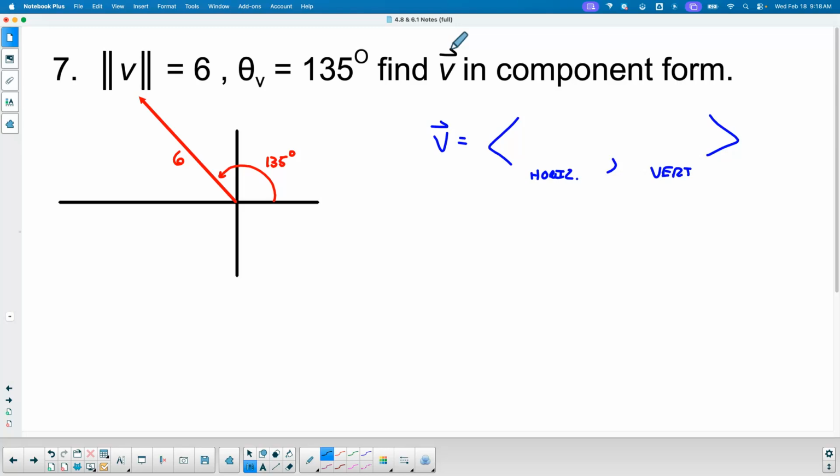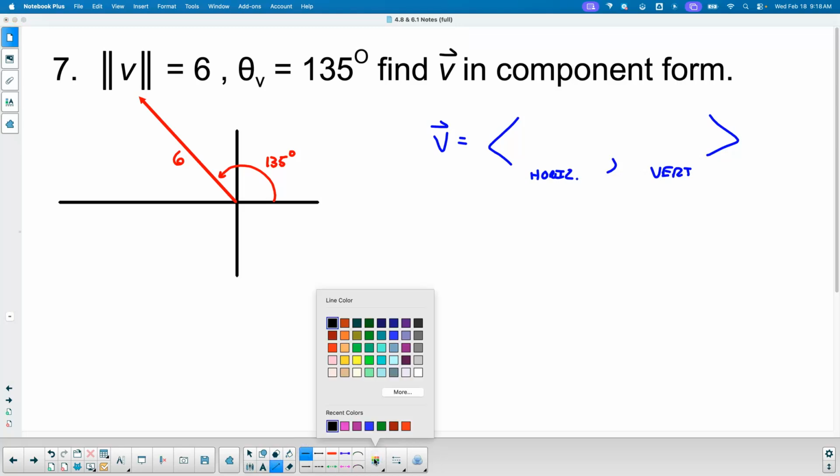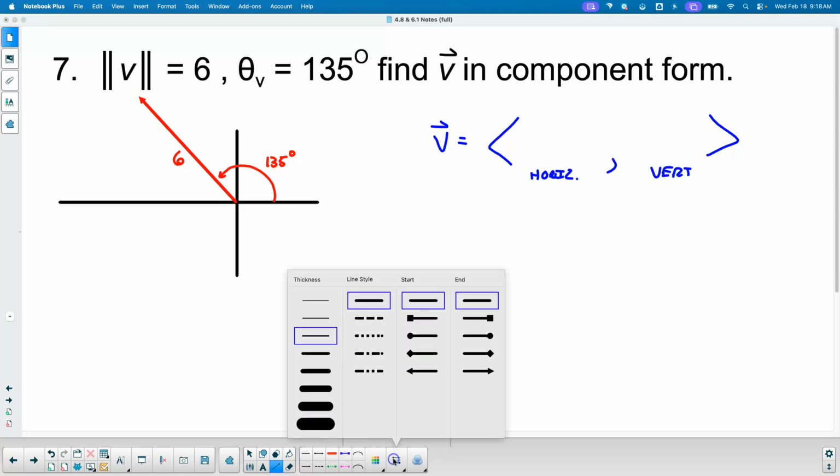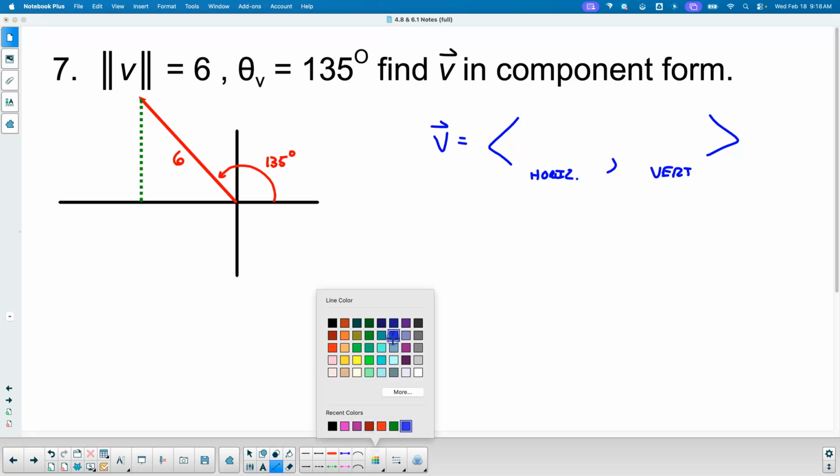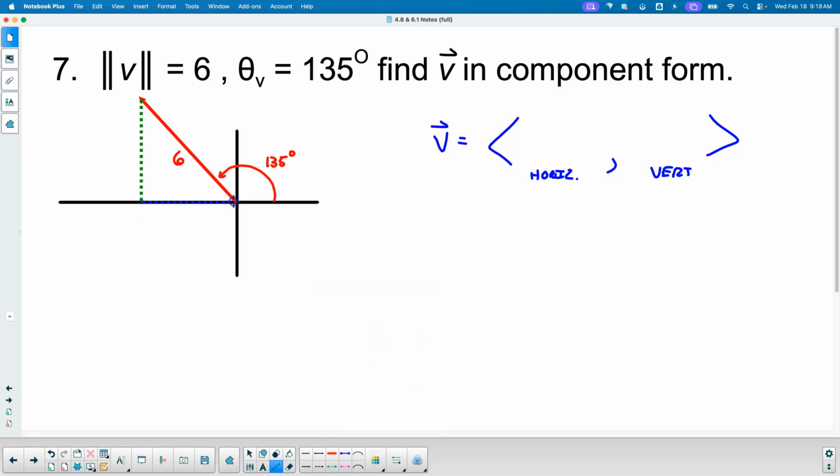Make one, right? Okay. All right, let's make a triangle. So we can go there. We can go there, right? Okay, now we can use a little SOHCAHTOA.